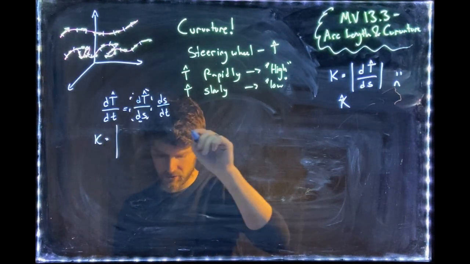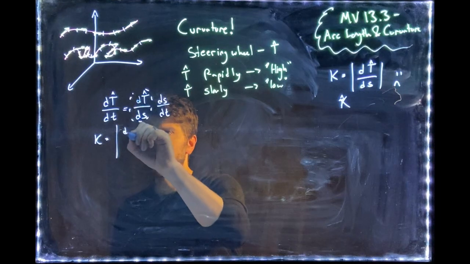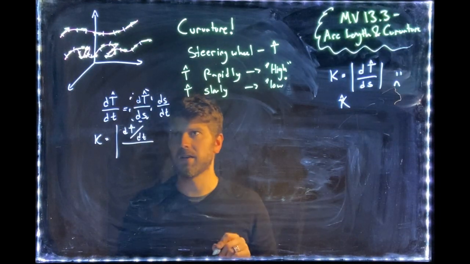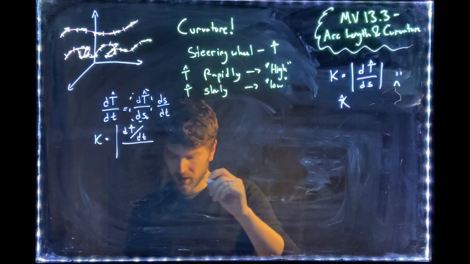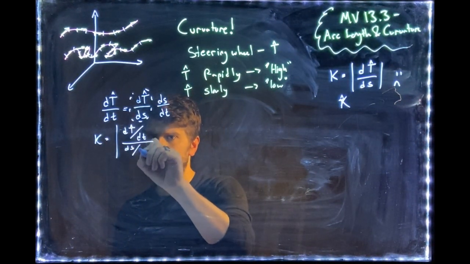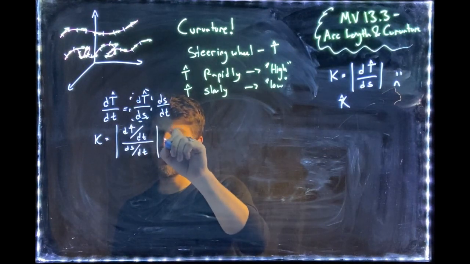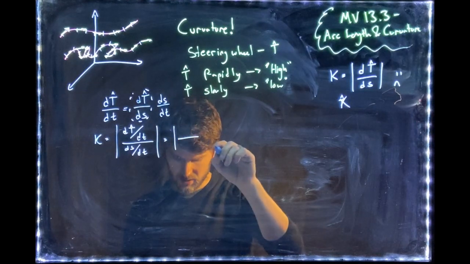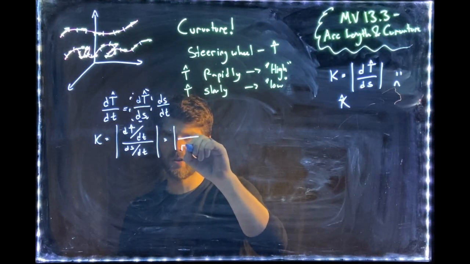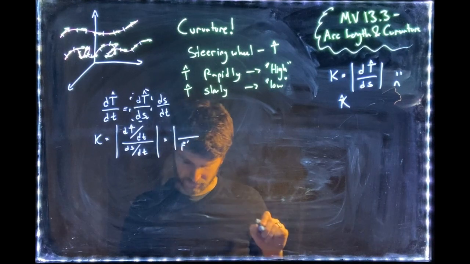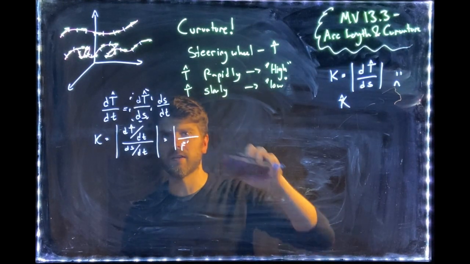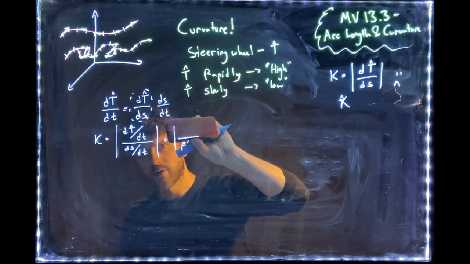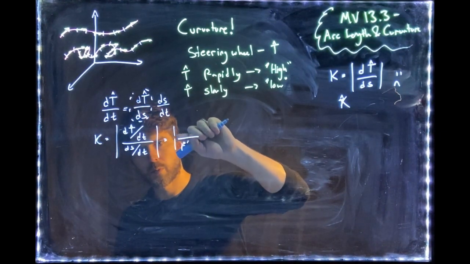I'm going to write it as the magnitude of dT/dt over ds/dt. And then I just want to note, we know what ds/dt is. ds/dt is the magnitude of r prime. So actually, I should be clear about this, that these are magnitudes. Wow. Great.